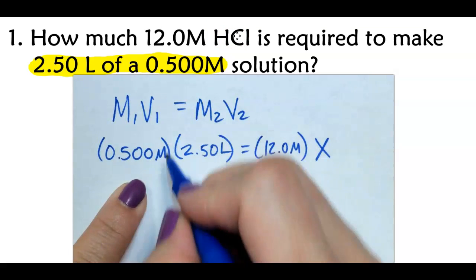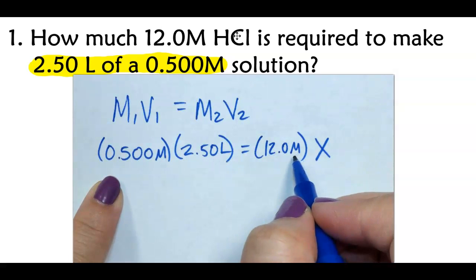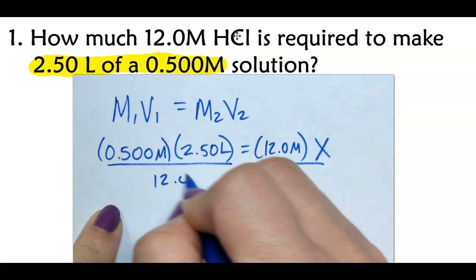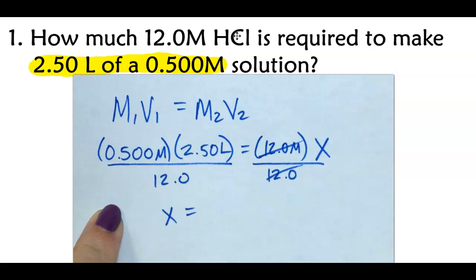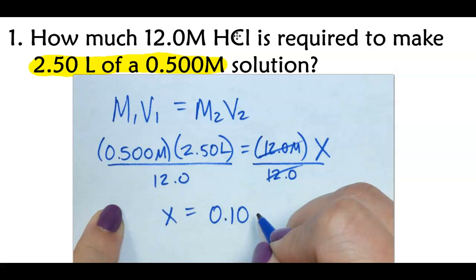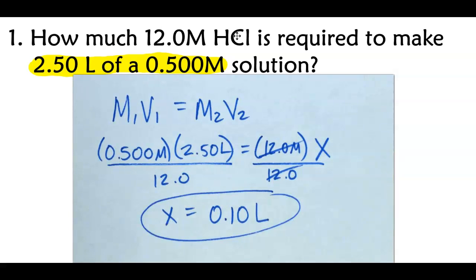And so when we solve for X, we do 0.5 times 2.50 divided by 12.0 molar. So we're going to divide both sides by 12.0 in our basic Algebra 1 skills. And we're going to get X is equal to 0.10, and since this was in liters, this is also going to be in liters.